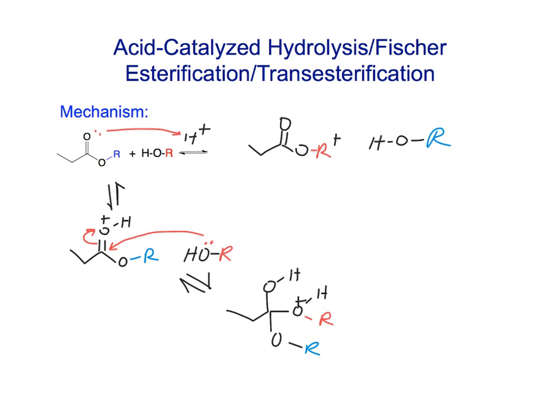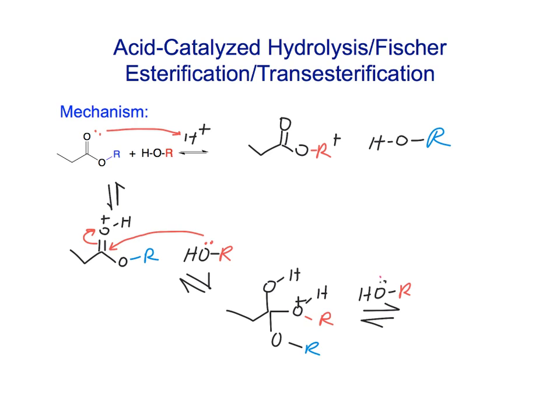a second one where the molecule is neutral. We're just going to use the alcohol as the base in this case, because usually we're going to have an excess amount of this alcohol to drive the reaction towards the products.